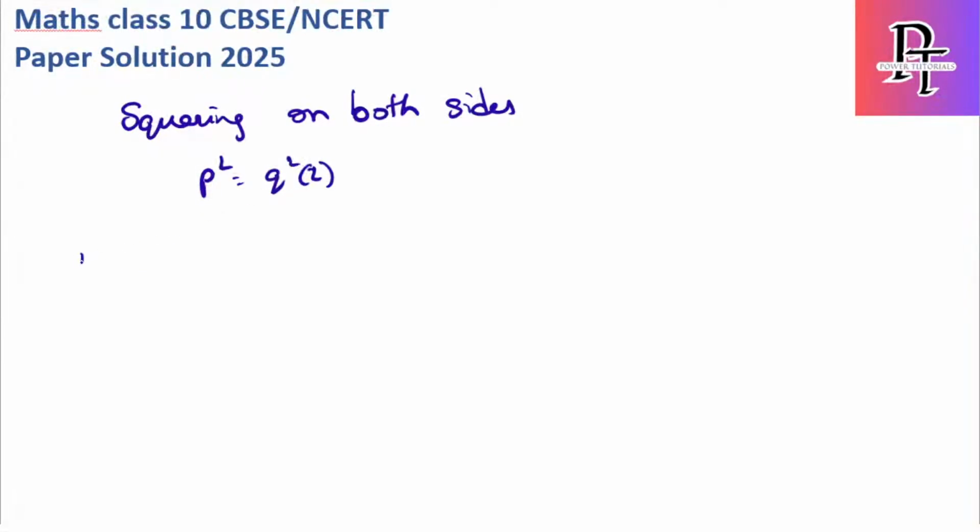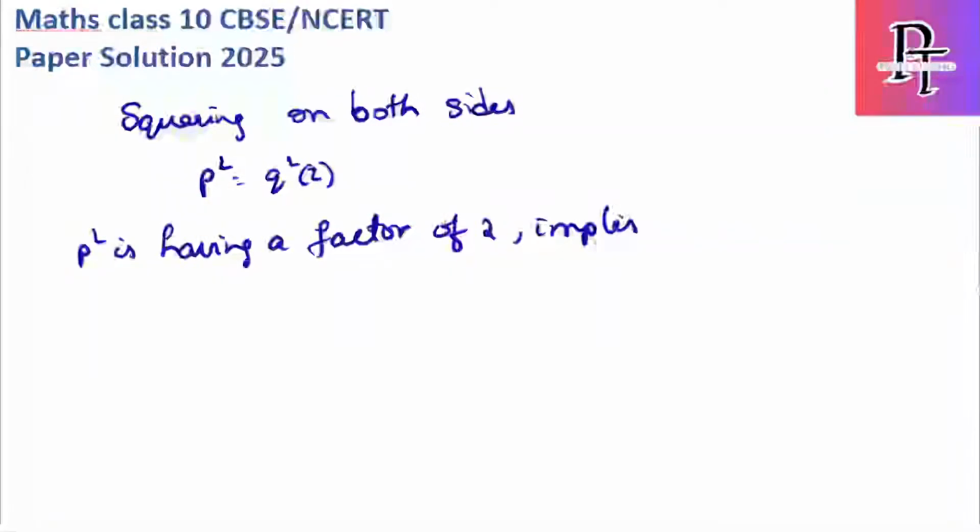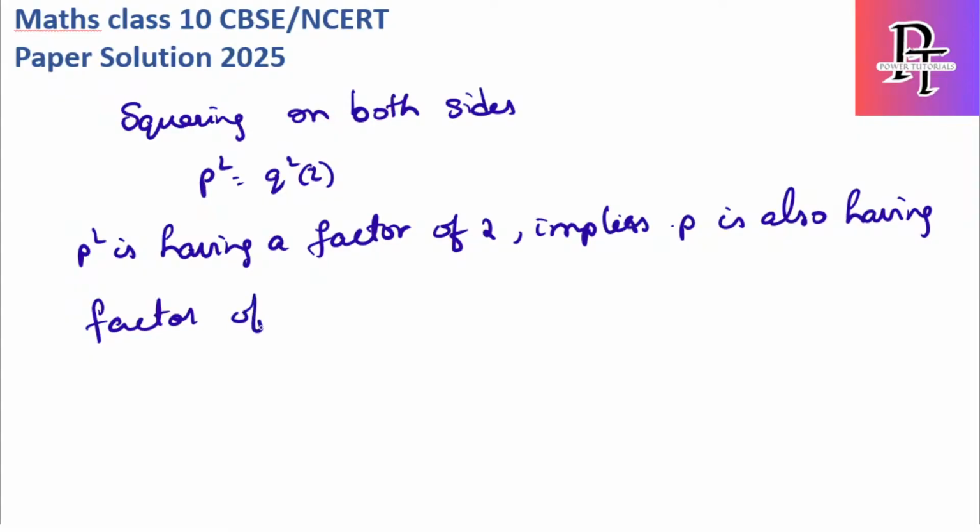Okay, so from this I can see P square is having a factor of 2, which implies P is also having a factor of 2.